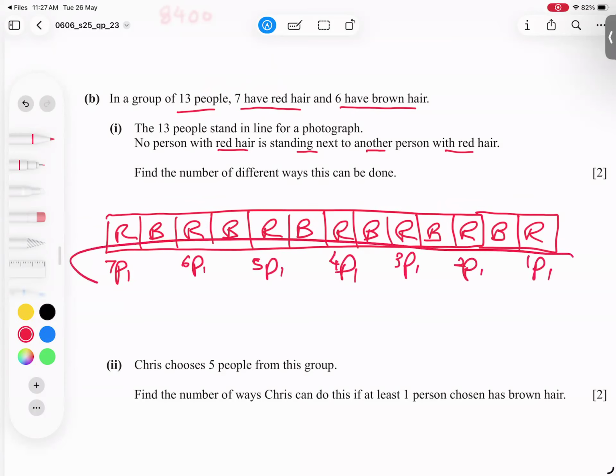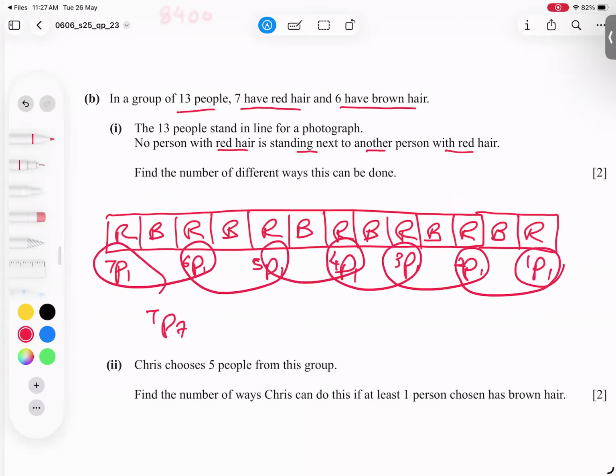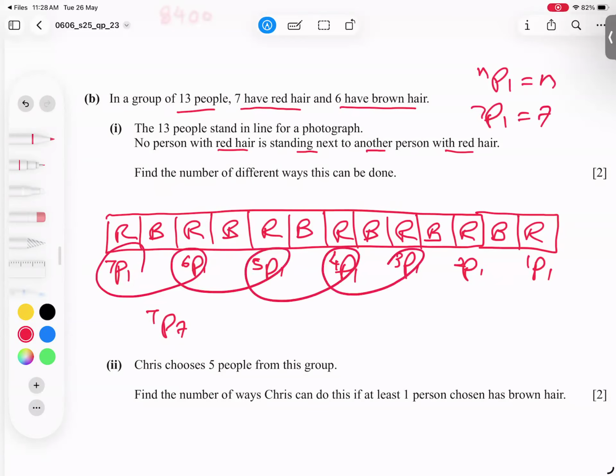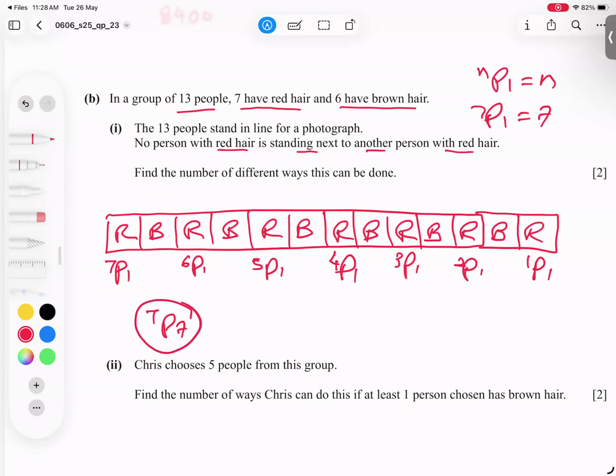If you multiply all of them, this behaves like 7P7. You can check, the product of all these numbers is equal to 7P7, because this is 7, 6, 5, 4, 3, 2, 1. Whenever, for example, NP1 is N, so 7P1 is 7. So this is 7, 6, 5, 4, 3, 2, 1, which becomes 7 factorial or 7P7, same story.